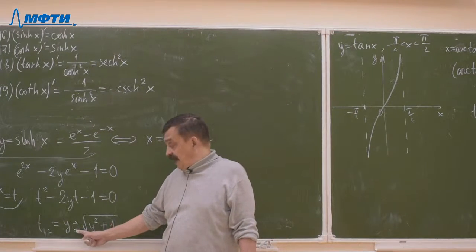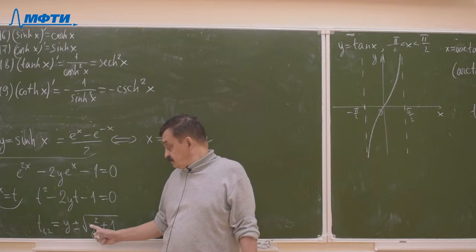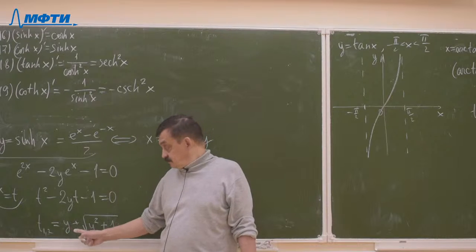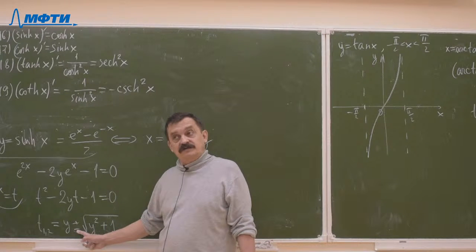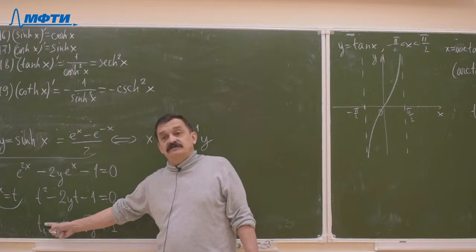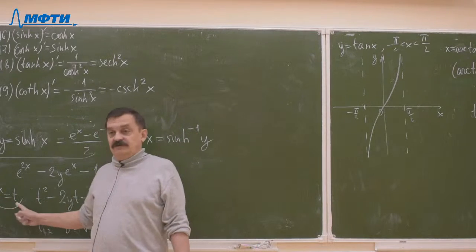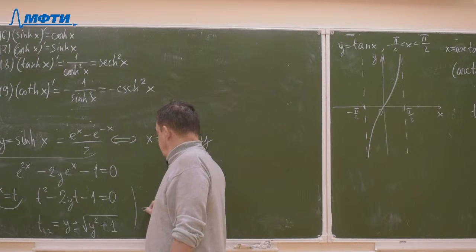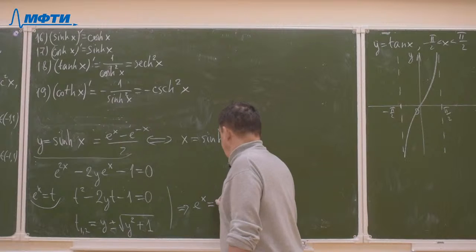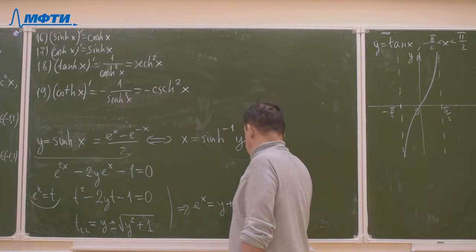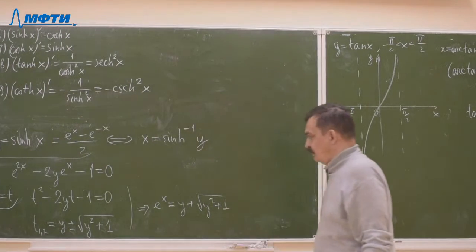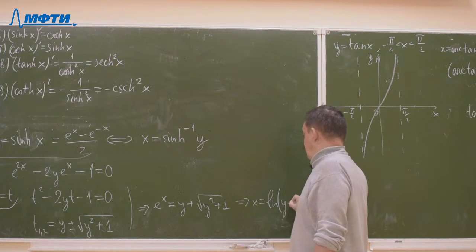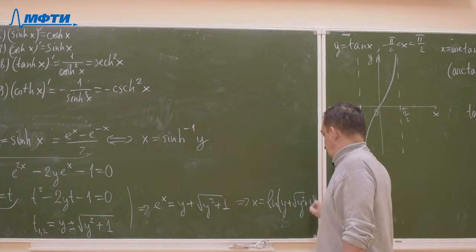If we take minus, in modulus, the square root of y squared plus 1 is greater than y. Hence, taking minus, we obtain negative t, which cannot be a value of e to the power x. So we deduce that e to the power x equals y plus square root of y squared plus 1. And hence x is the logarithm of y plus square root of y squared plus 1.